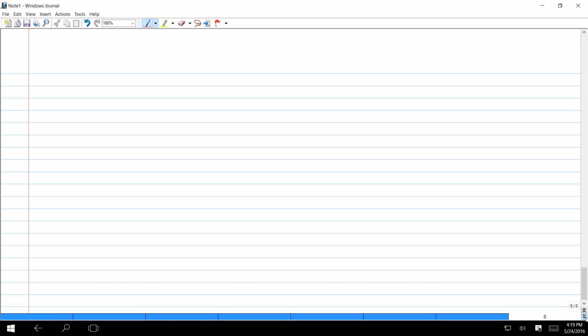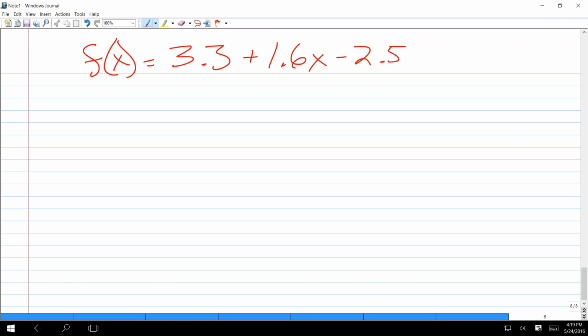Okay. This is: find the local maximum and minimum values of the function and the values of x at which they occur. So f of x equals 3.3 plus 1.6x minus 2.5x cubed. First thing, let's write this in a better format where we have the highest power term in front.